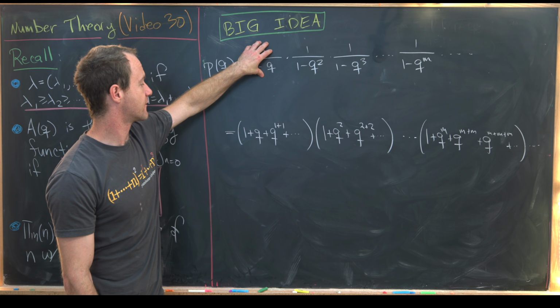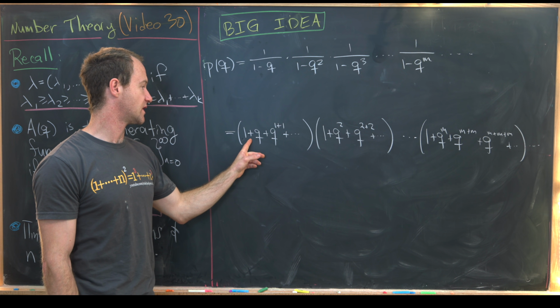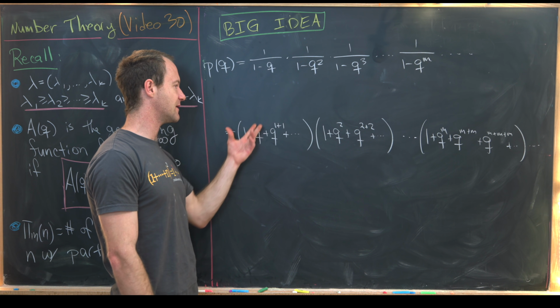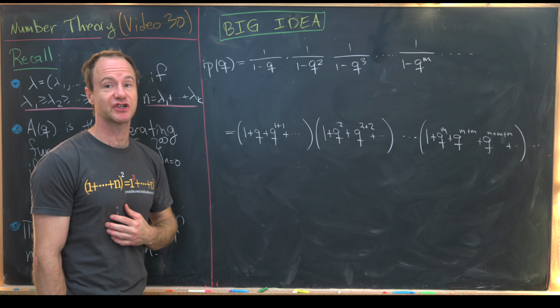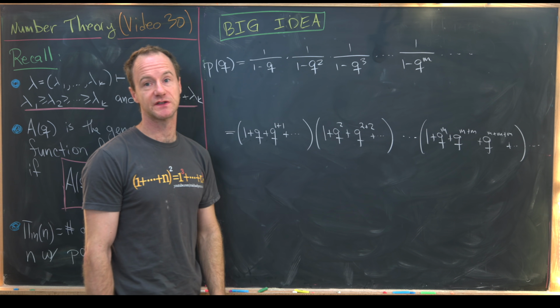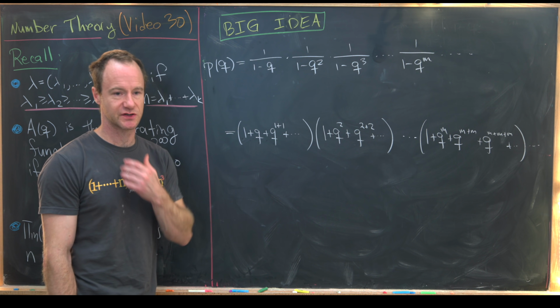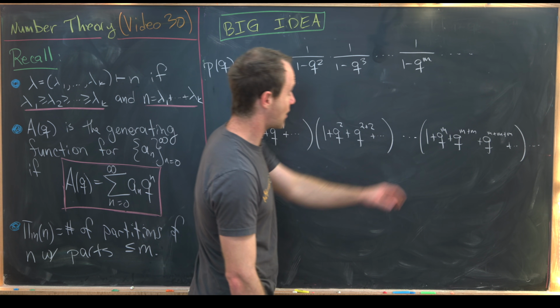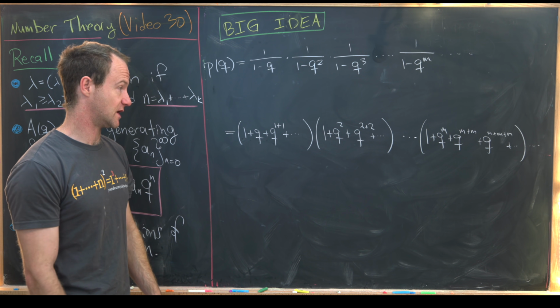So notice this 1 over 1 minus q is 1 plus q plus q squared and so on, thinking about these as encoding partitions of a certain type. The same thing here. This is encoding the parts of the partition that are equal to 2, and so on and so forth. So let's maybe see what each part of this product corresponds to.